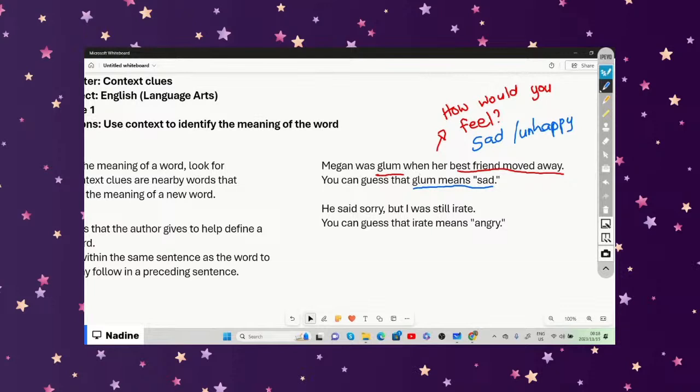If we look at another word, right? He said sorry, but I was still irate. So a clue that is given is he said sorry.